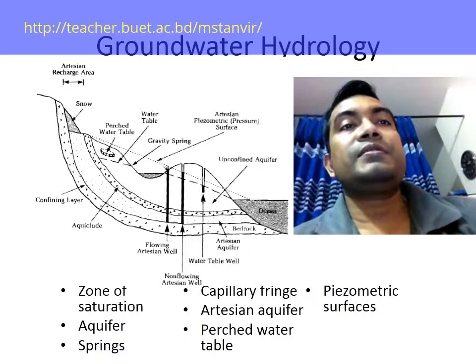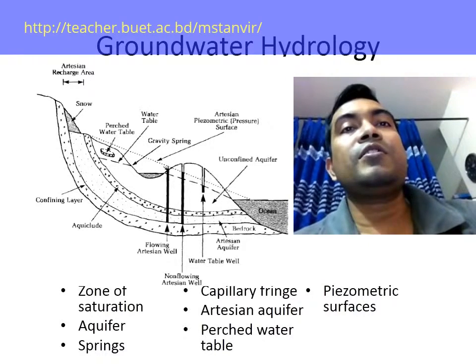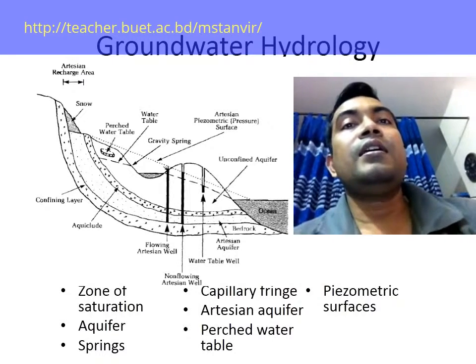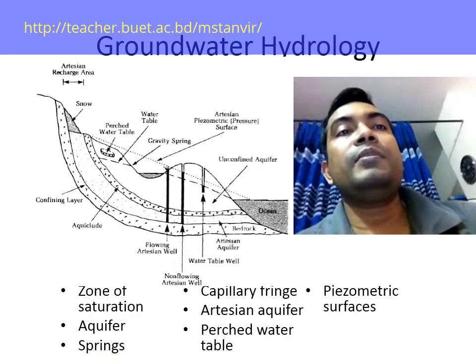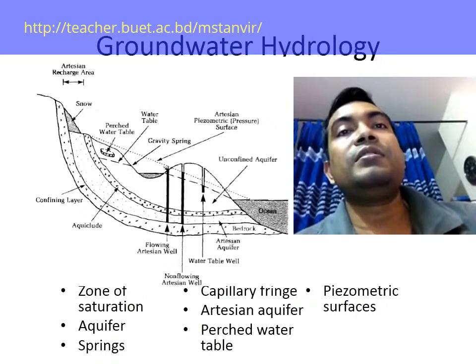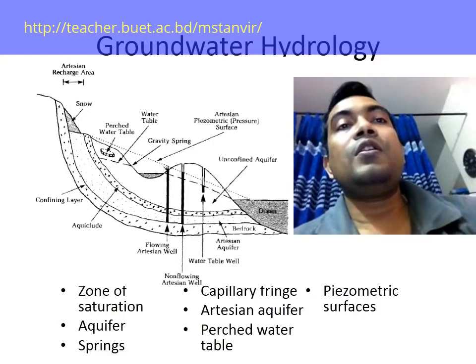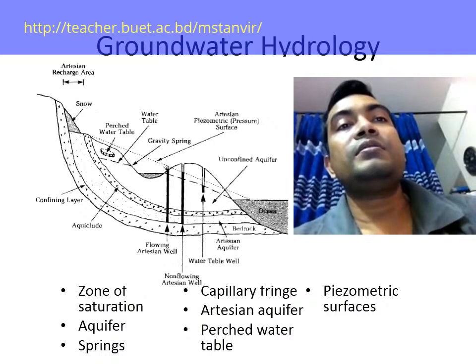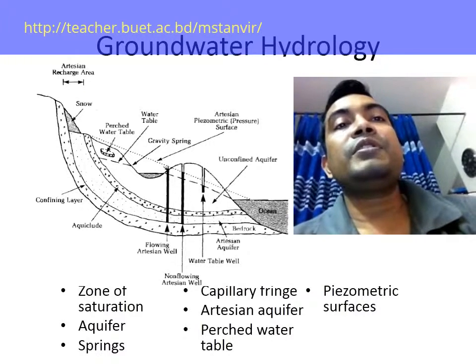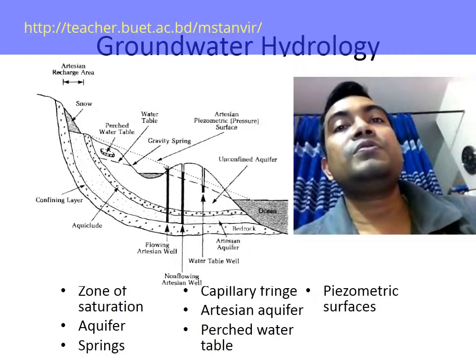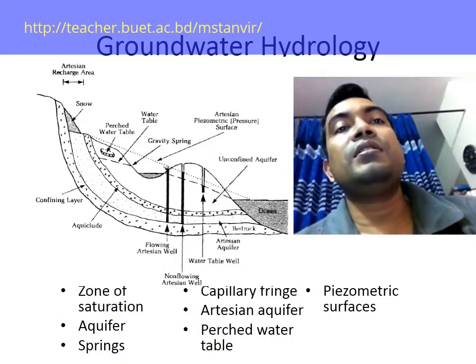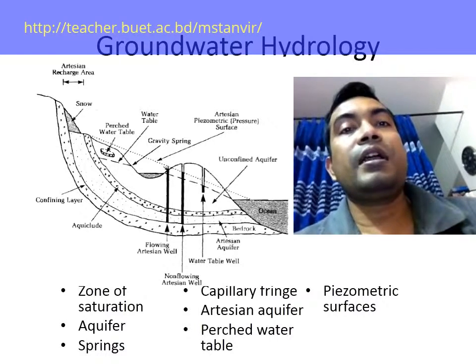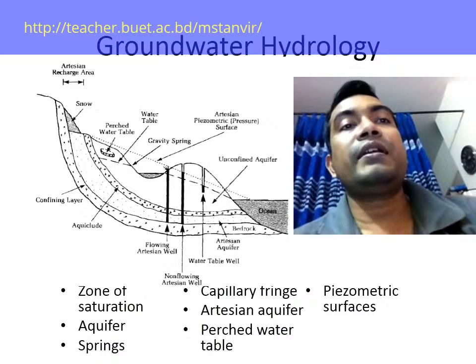Piezometric surface. The aquifer and confining layer act like the walls of a pipe and allow pressure to build up in the aquifer. Lower layers come under pressure from the water that follows. The pressure is proportional to the vertical distance between the recharge area and the bottom of the aquifer.